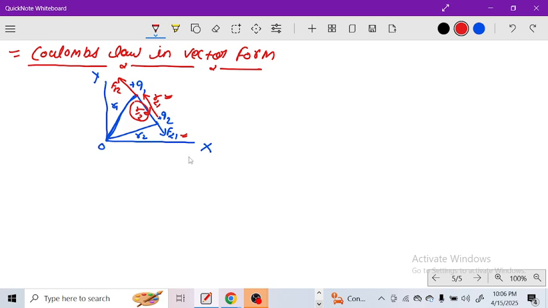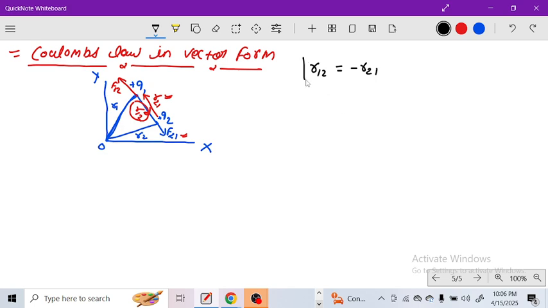So here we can see that both r12 and r21 have the same magnitude but are opposite in direction. So can I write r12 is equal to minus r21 because both have opposite directions?